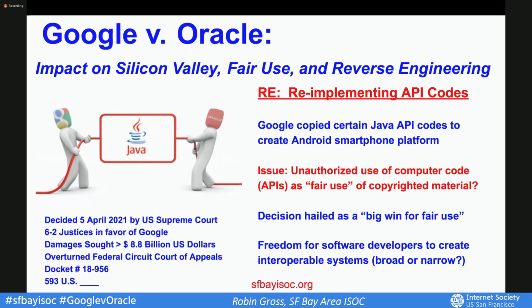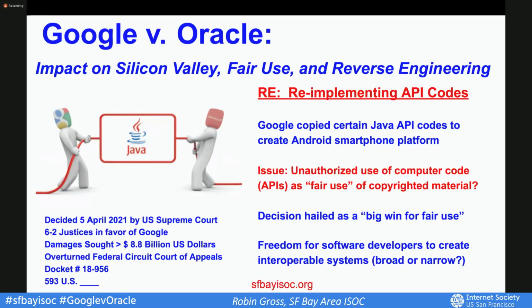And an API is a tool that allows programmers to call up pre-written computing tasks for use in their own programs. So it's worth pointing out that in this case, the damages sought were more than 8.8 billion, that's with a B, US dollars. So this was a very significant case with a lot on the line.